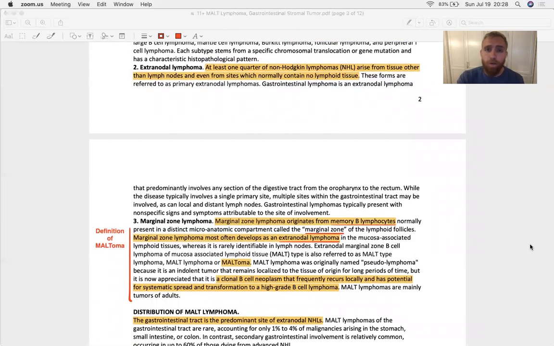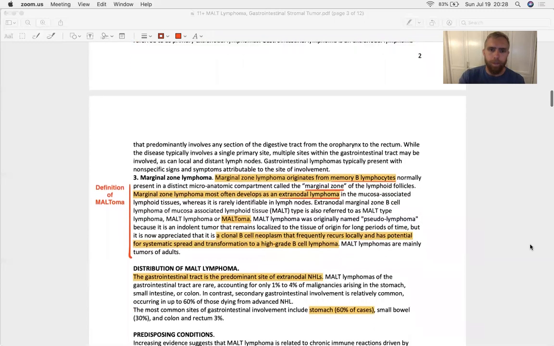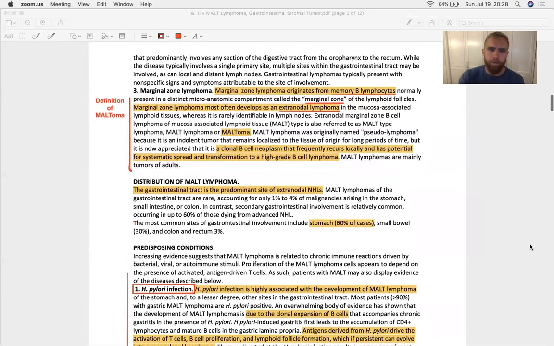At least a quarter of non-Hodgkin lymphomas are extranodal, meaning that they arise from tissue other than lymph nodes. So when a patient does present with lymphadenopathy and it is malignant, well, that could be your primary cancer, true, or it could be a metastatic cancer from a different primary origin. Now we finally get to the definition of a MALToma.